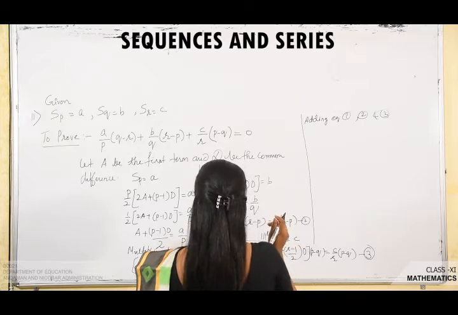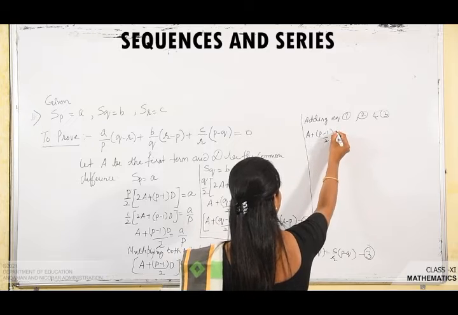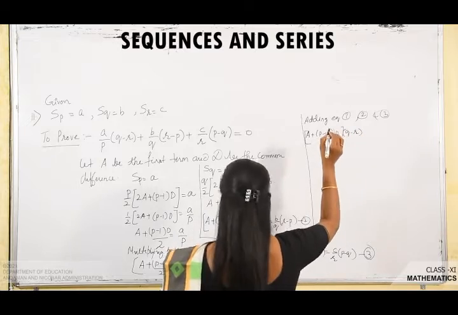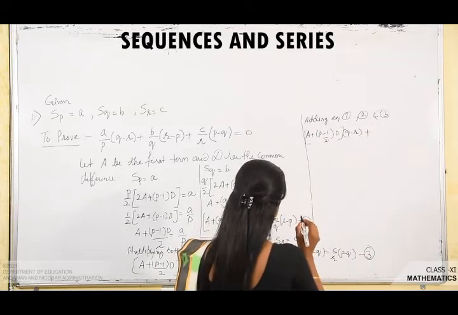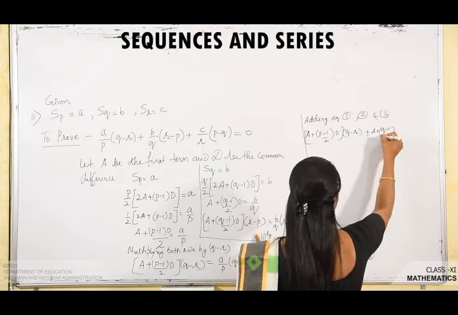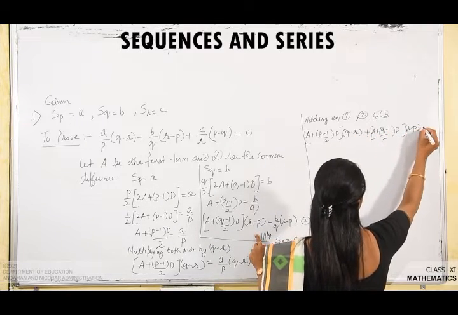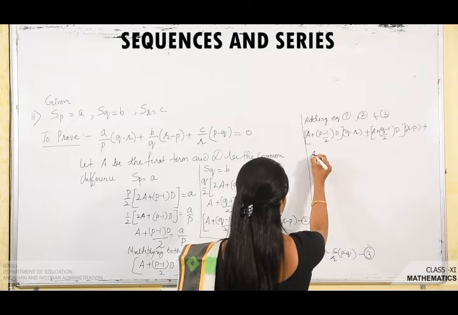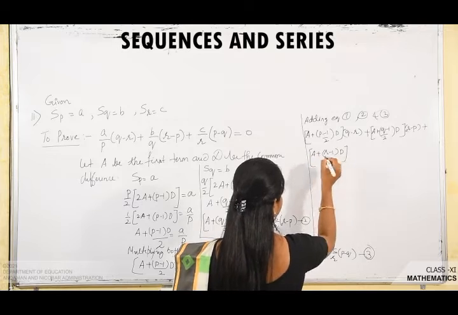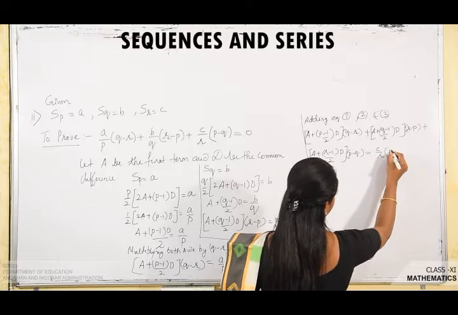See here, the first equation is A plus (P minus 1) by 2 into D multiplied by (Q minus R), plus the second equation is A plus (Q minus 1) by 2 into D multiplied with (R minus P), plus the third equation is A plus (R minus 1) by 2 into D multiplied with (P minus Q), is equal to C by R (P minus Q).